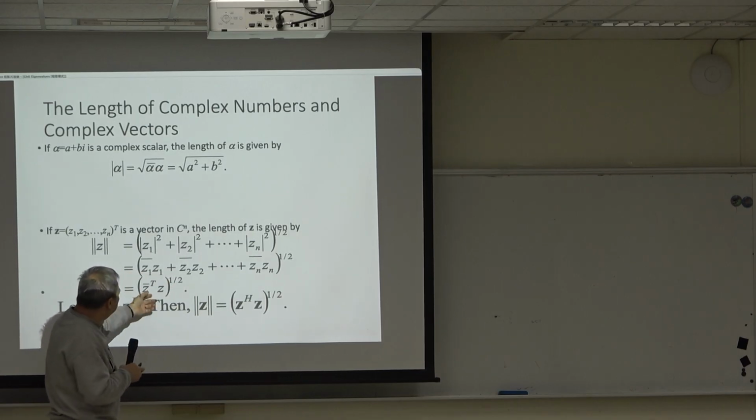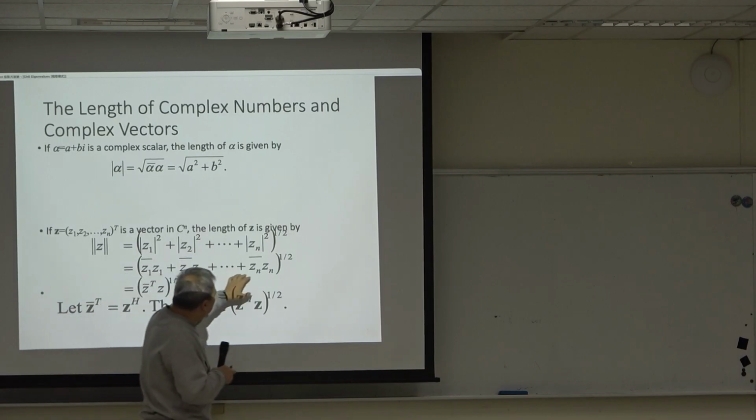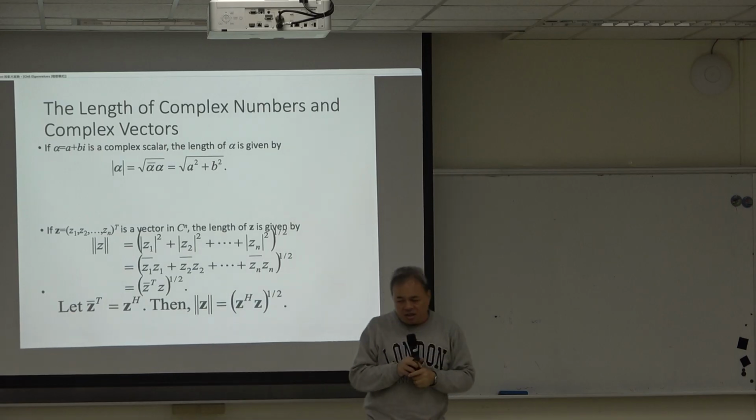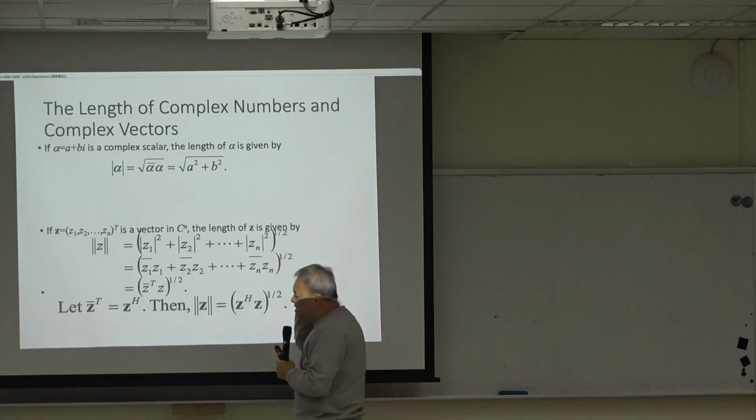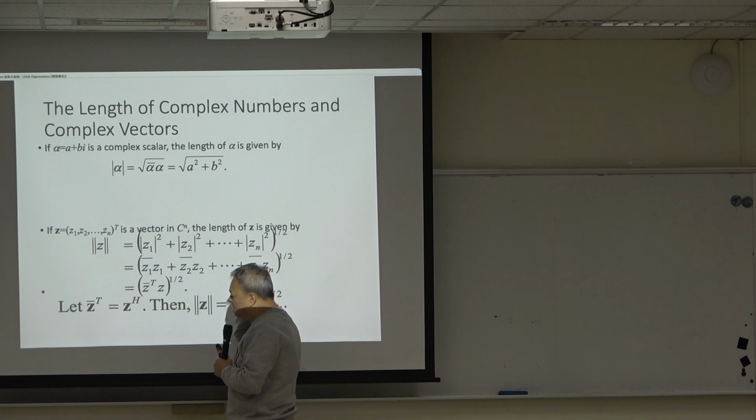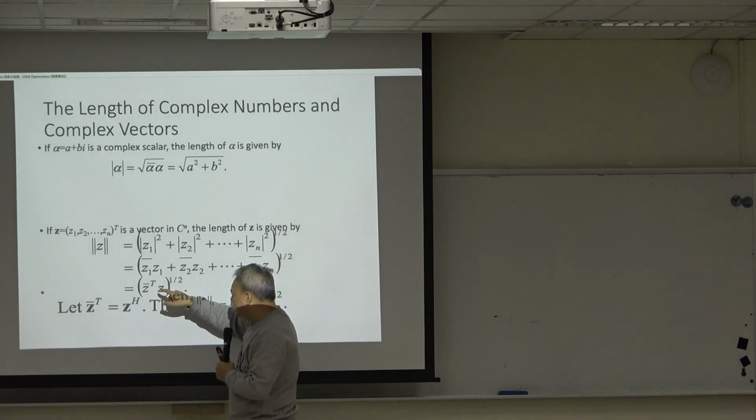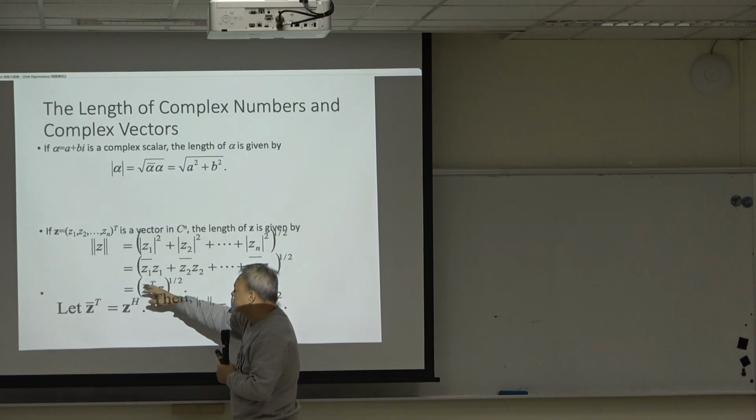Or put it another way, if you try to denote this as an inner product, then it's going to be Z conjugate transpose inner product times Z, and the square root.